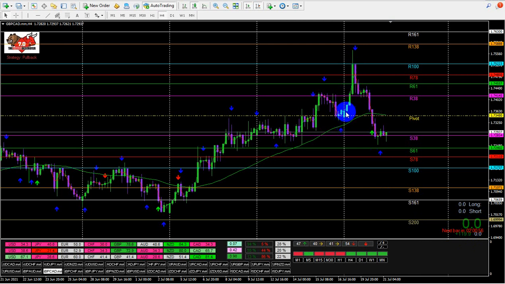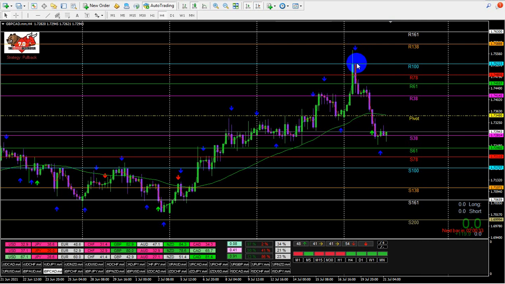As you can see, the market violated everything here, and everyone was saying, oh, CAD was losing too much. But now the things are starting to change. At the beginning of this candle here, when the 4-hour opened, this arrow appears.